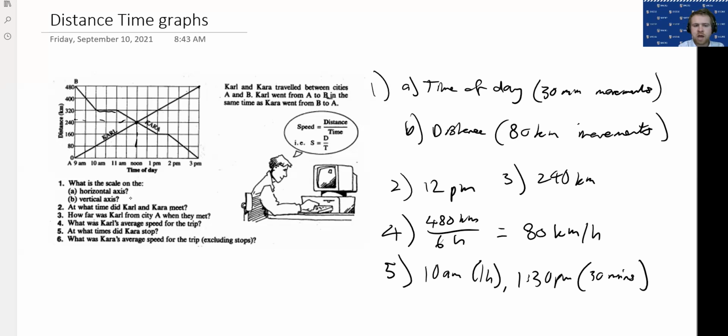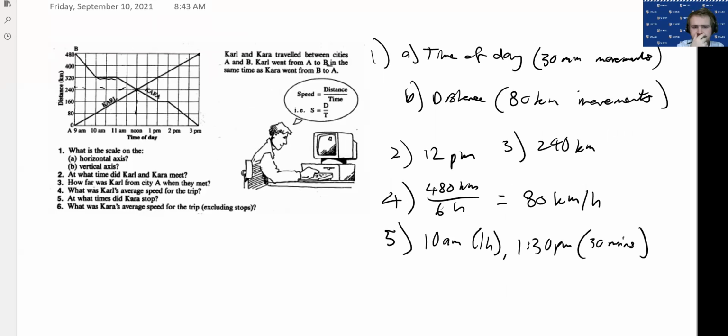Okay, and then what was her average speed excluding the stop? This one's a little trickier. She's done 480 kilometers as well. She started 480 kilometers away, and then she's now 0 kilometers away from A. But the amount of time that she took is going to be different. It's 6 hours, but if we take out 1.5 hours, it's going to be 4.5 hours.